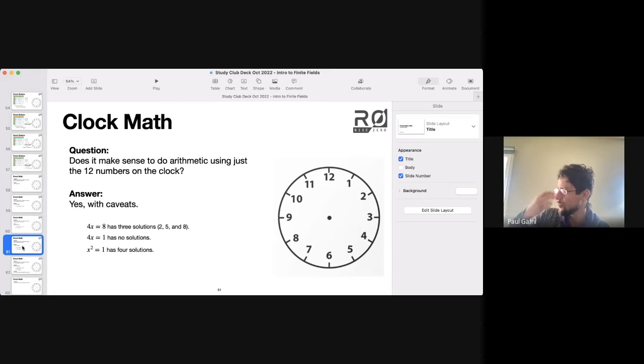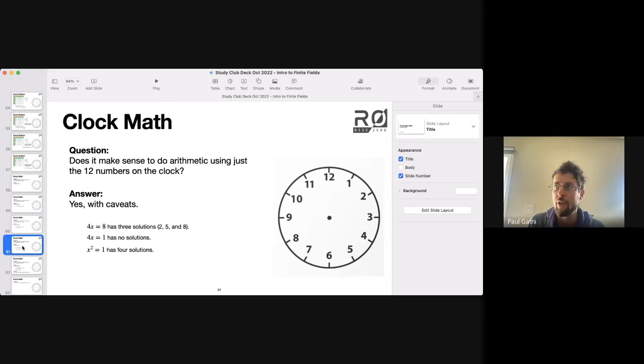I want to emphasize, before I get too far into this, how K-8 friendly all of these concepts are. By the end of the talk, we're going to be getting into some stuff that's kind of like doing algebra 2 over clocks. But at this stage, this is just a new world to play with arithmetic.